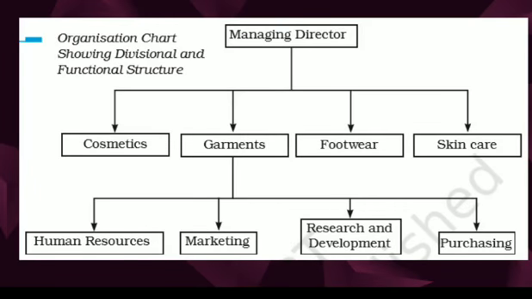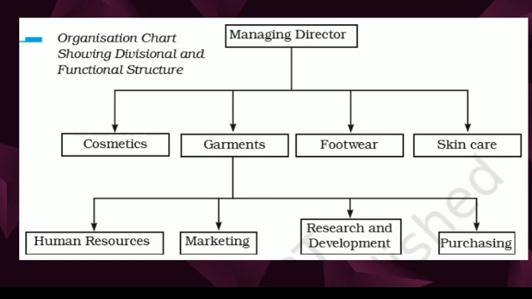So this is a very important diagram which will show us how an organization chart showing divisional and functional structure is going to work. We have the managing director at the top. Under him, there are different departments divided on the basis of product lines. That is, cosmetics one department, garments or textiles another department, footwear one department, skincare another department.